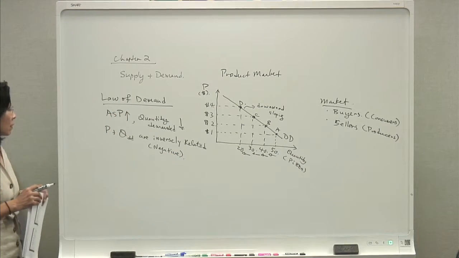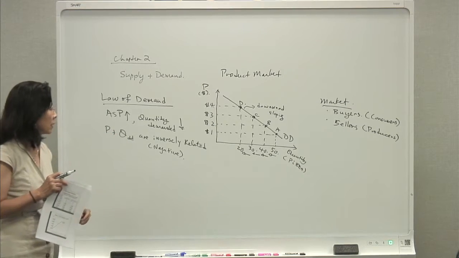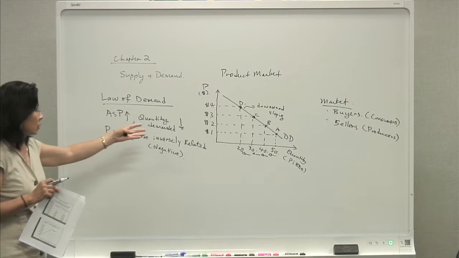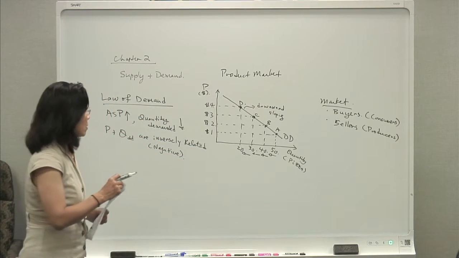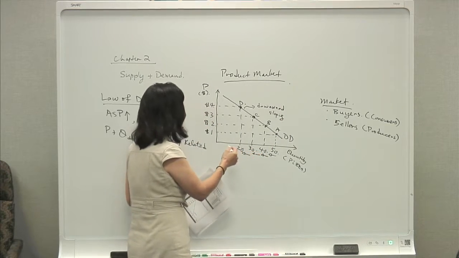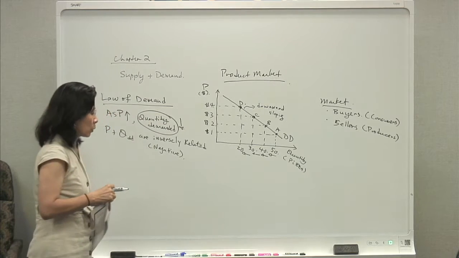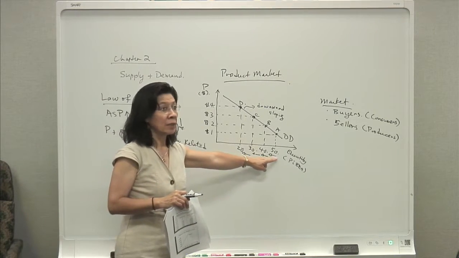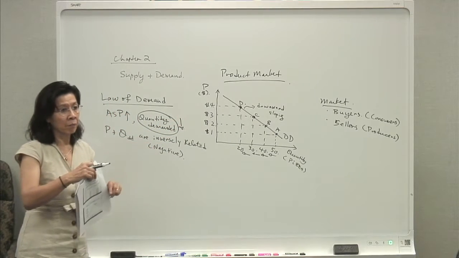Because of this inverse relationship between price and quantity demanded, we say the demand curve is downward sloping. Again, this is a product market, and we use the term quantity demanded declines or decreases as price goes up.